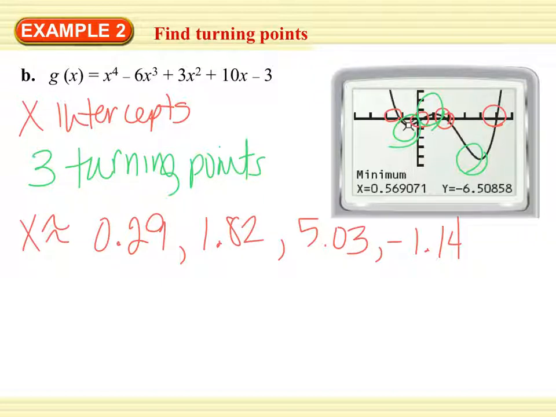Okay, we have 3 turning points. So my first one is actually a minimum right there. And the minimum is at about 1.11, 5.11. Except that's a maximum. Haha, I caught my mistake.